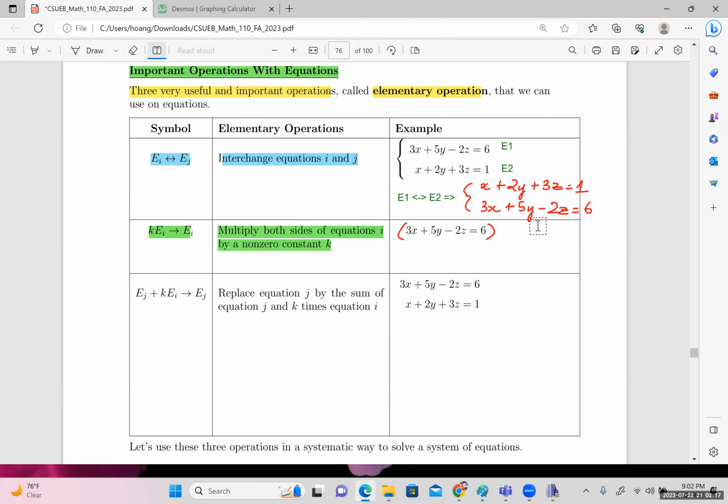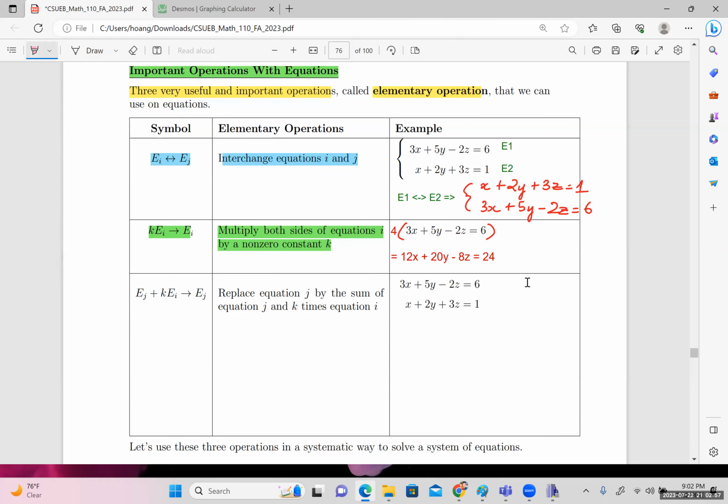Let me type it actually. What do we have for this one? We're going to have 12x plus 20y minus 8z equal to 4 times 6 is 24, all right? And again, you will not make any change to the solution.